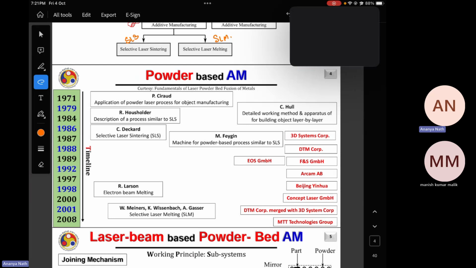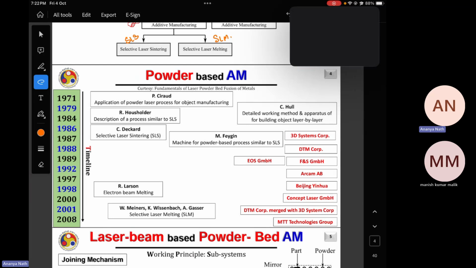They used to work with optics and lenses and those things, but later on they collaborated with other people who were working on AM, and then they tried to build their own setup, and then they coined the process of SLS and then SLM, and then they had their own machine M100, which is a machine which is capable of printing polymers with sintering process.